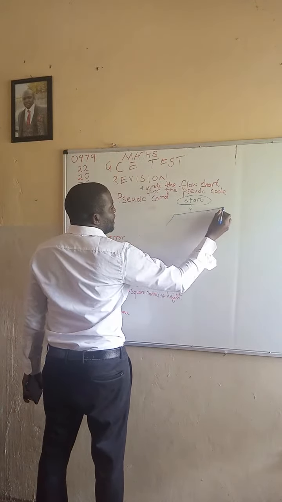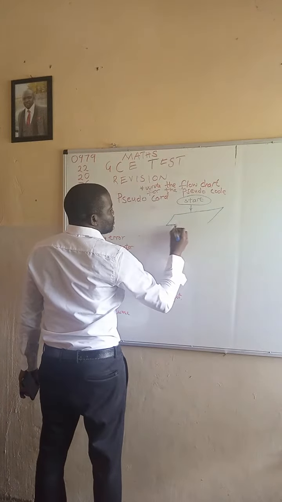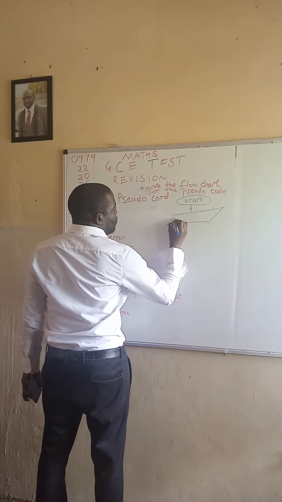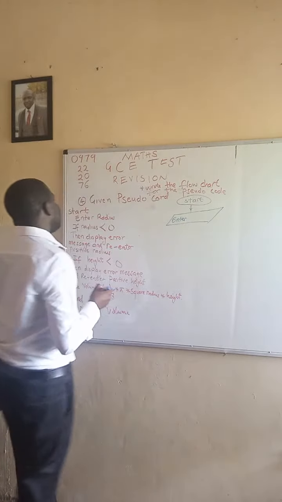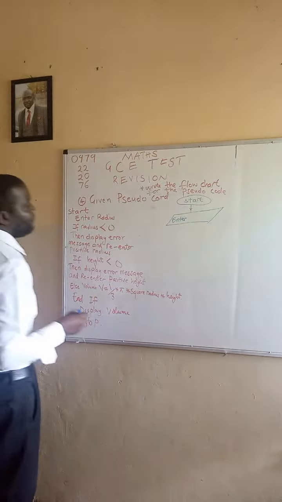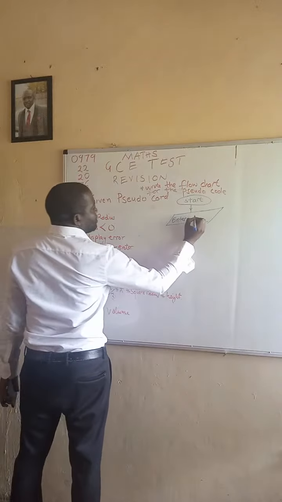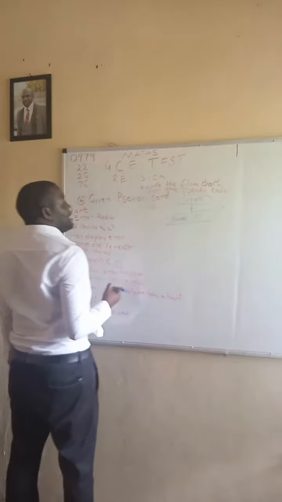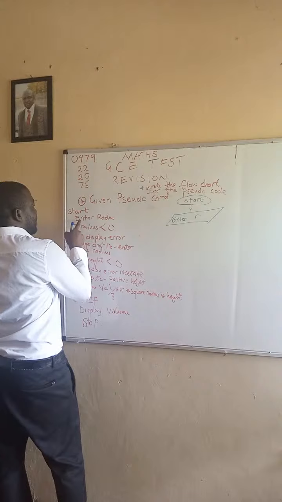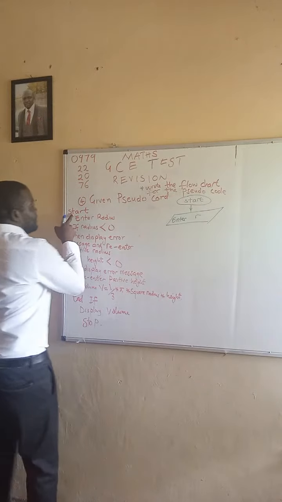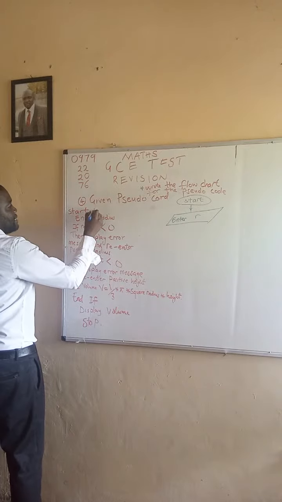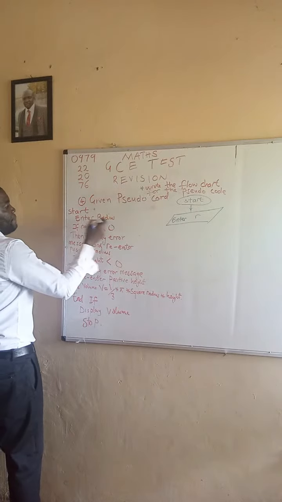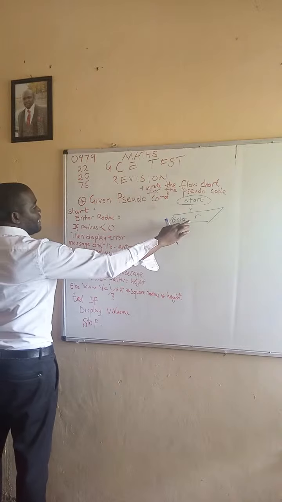It's like a rhombus like this. So we enter radius, meaning we enter R. Okay? R is radius. Enter R. So that's step 1. Step 2 is enter radius, which we have done here.